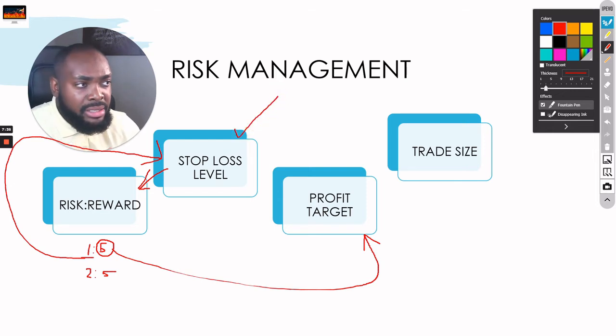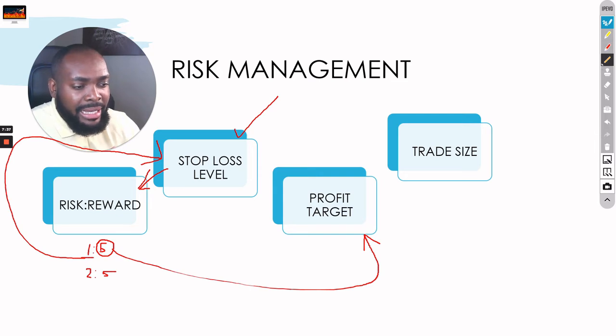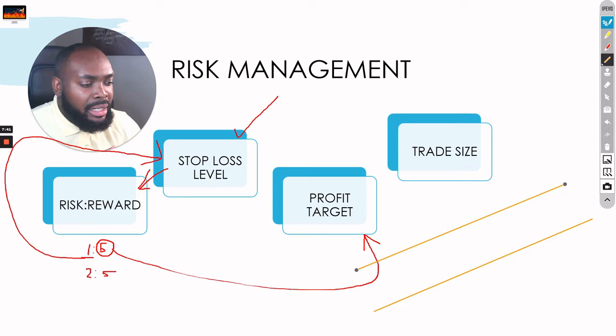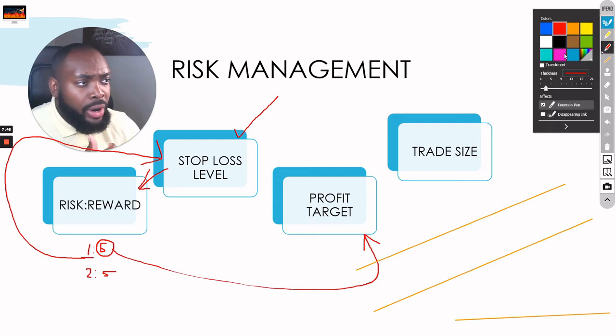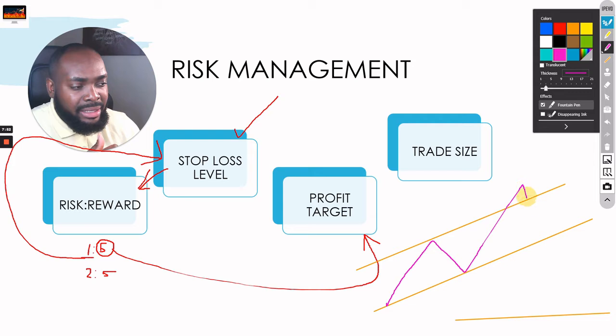So if we just move back over to the chart, putting back up that very same diagram with the uptrend and the second one with the W pattern, we come in and identify, okay, in this situation where price is moving up in an uptrend, what would the risk level be?